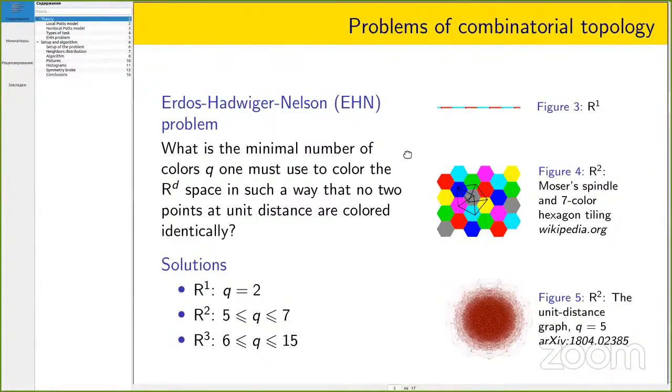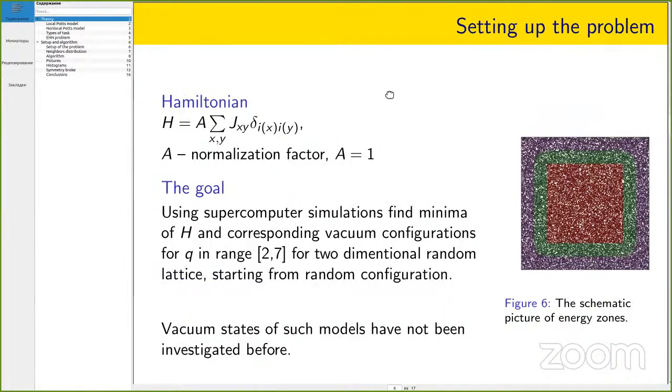And one of our goals was to apply our model to these problems and look at what we can get from it. So the basic setup, we have this Hamiltonian. It's basically the sum of interactions between particles. Particles interact when they are at unit distance and have the same color.